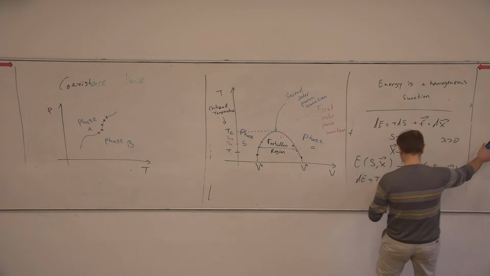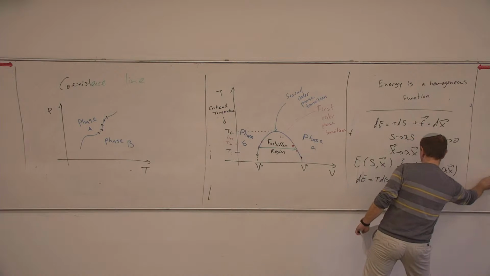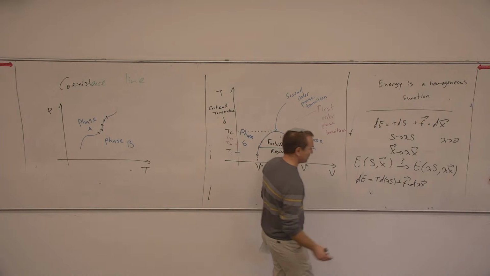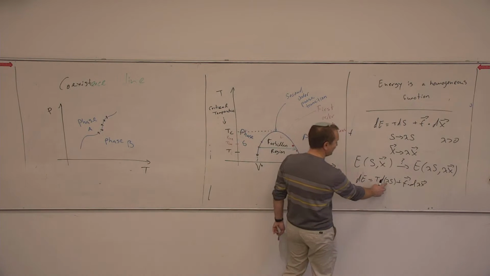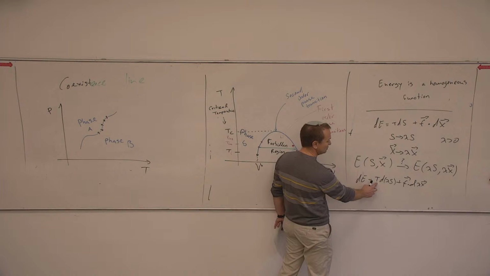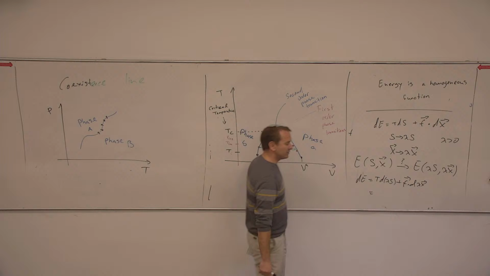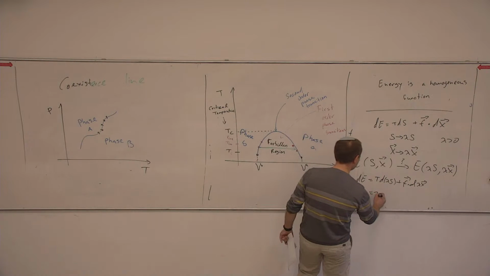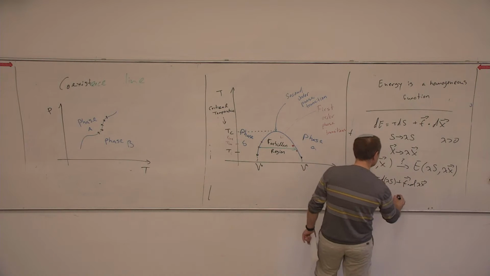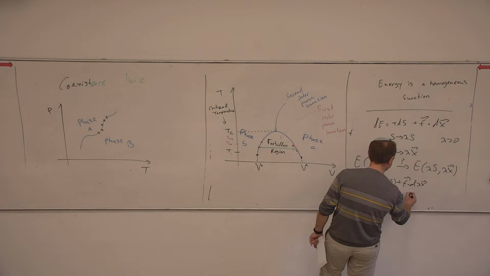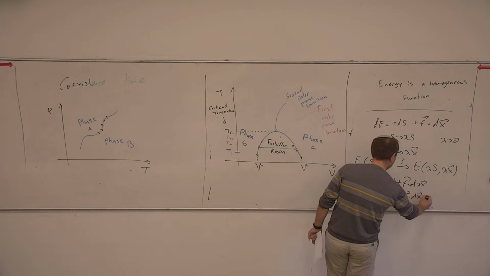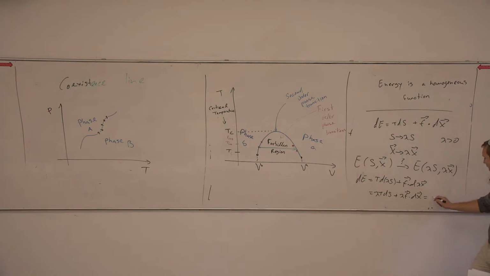This is actually very simple because lambda is a constant, I can take it out of the differential in both terms. So I have lambda T dS plus lambda F dot dX, which is lambda times (T dS plus F dot dX).